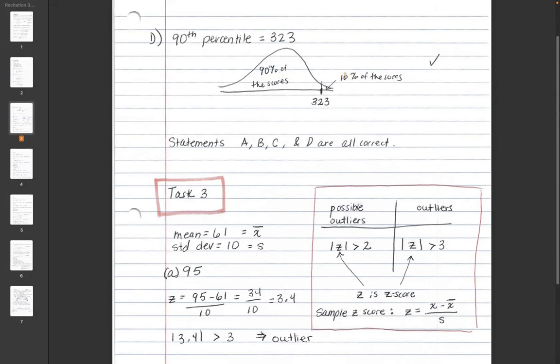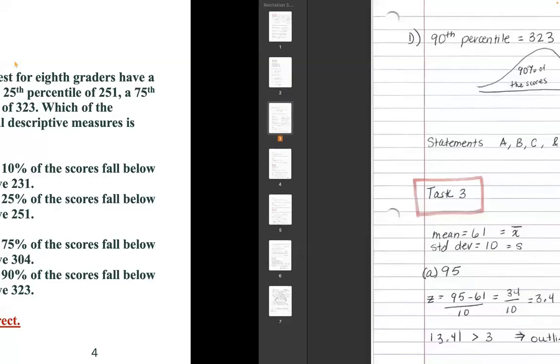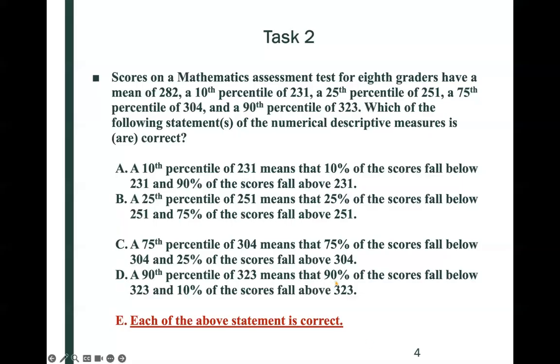So 90% plus 10% is 100%. That checks out. If I look at what's written, we have 90% of the scores fall below 323 and 10% of the scores fall above 323. So all of these statements are correct.